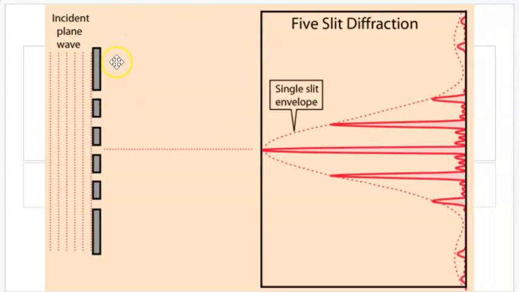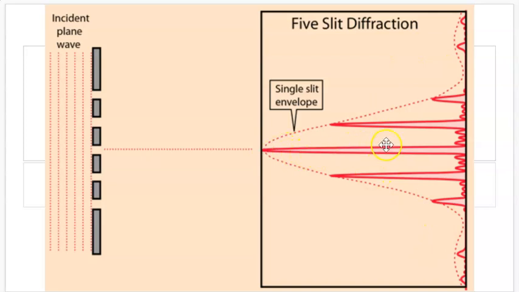If b is smaller than d, but not horribly smaller, we'll see this envelope and the 5-slit pattern occurring within it. See how there are n-2, so 3 secondary bumps, 1, 2, 3 little bumps, happening within this.